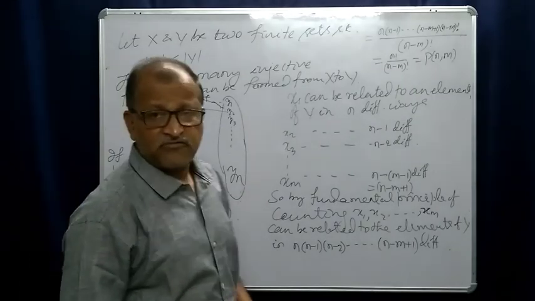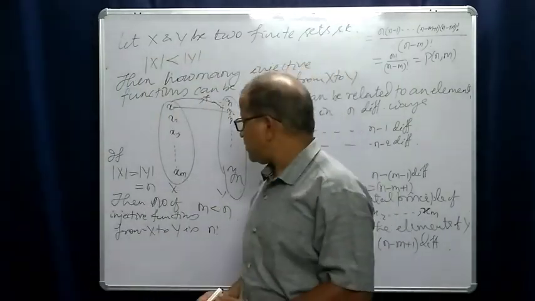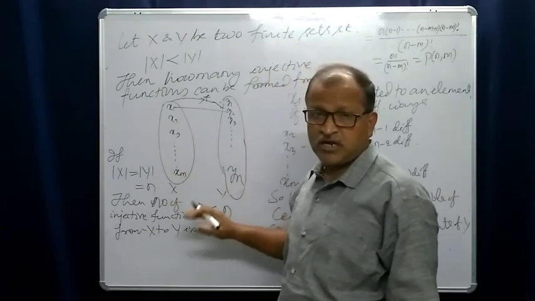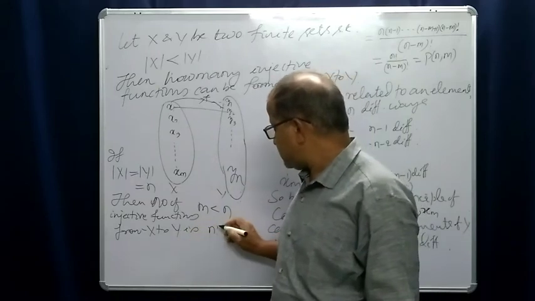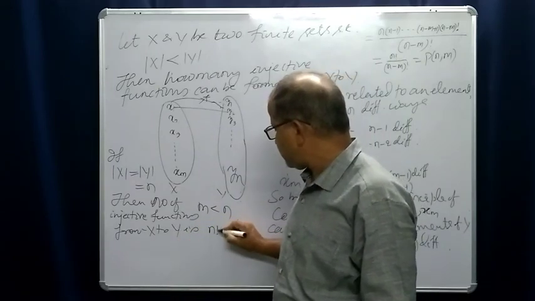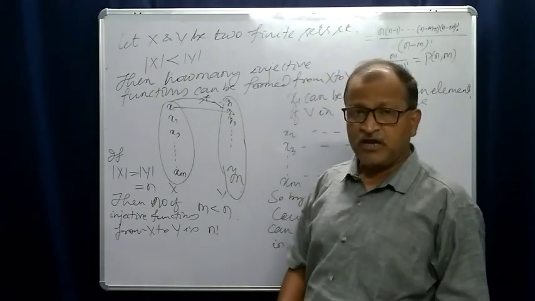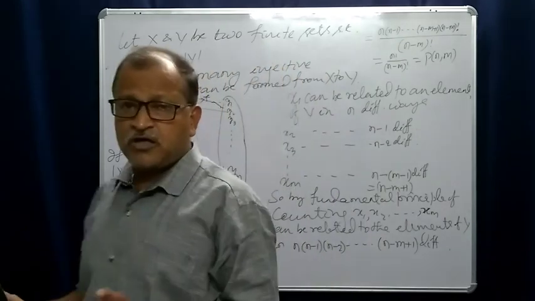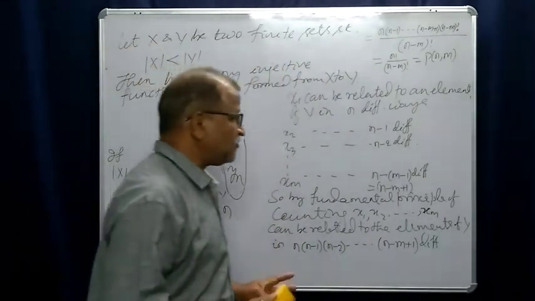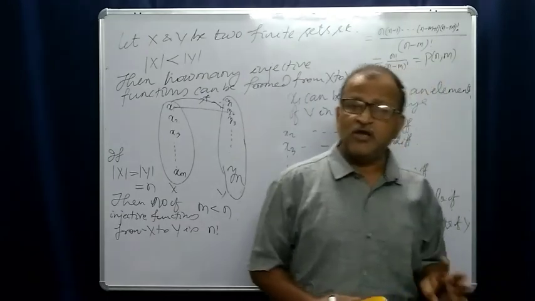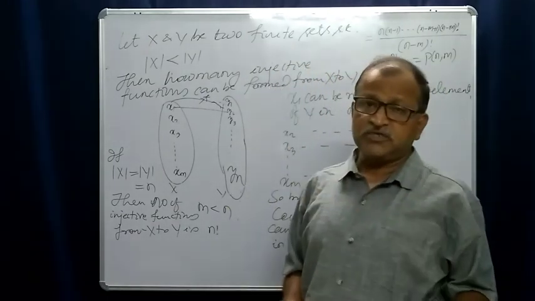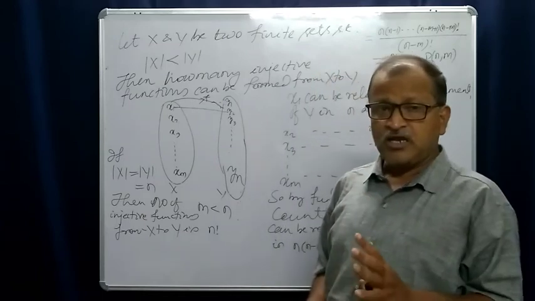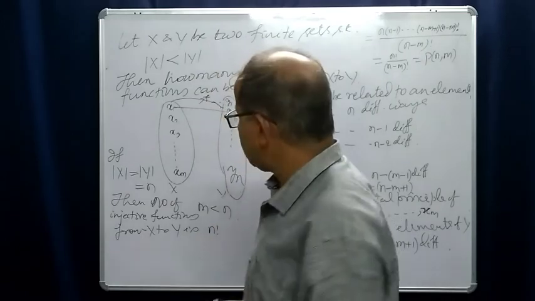This is the number of injective functions from x to y that can be formed when the cardinality of x is equal to cardinality of y is equal to n. This is n factorial, right? Okay, so this is about the relationship between cardinality of x and cardinality of y when there is an injective function or a bijective function from one set to another set, when an injective function can be formed and when it cannot be.